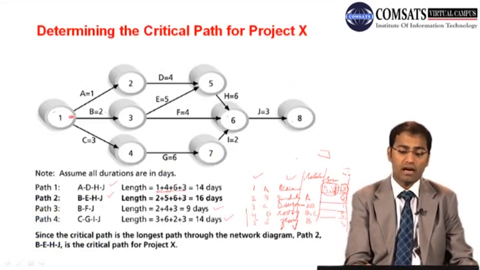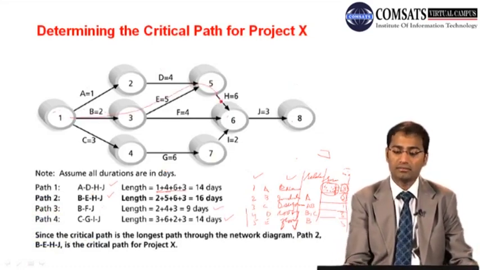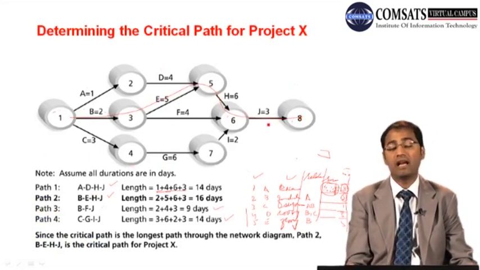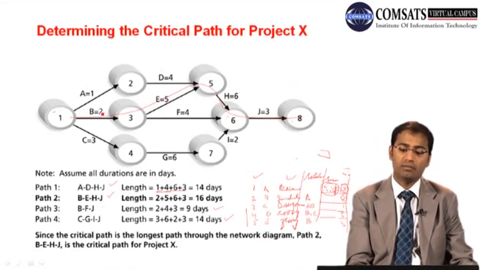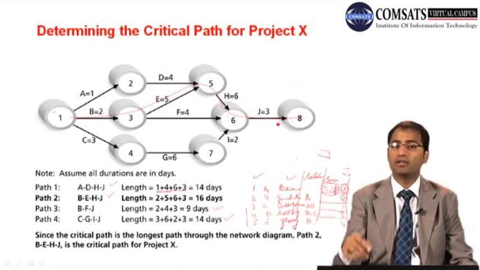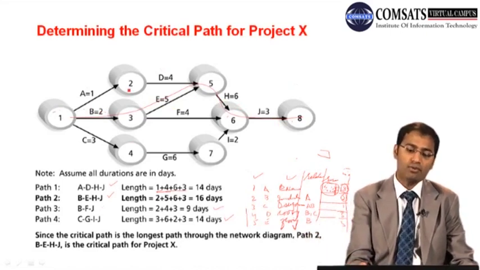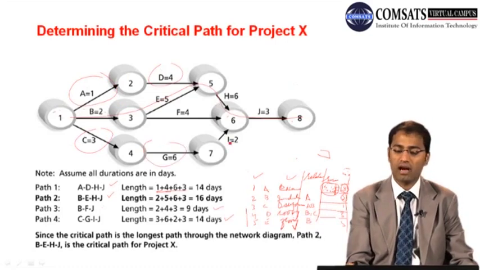No. If you have this critical path, B, E, H, that does not mean that when you complete B, E, H, J your project is finished. No, you also have to complete the activities which are not on the critical path.